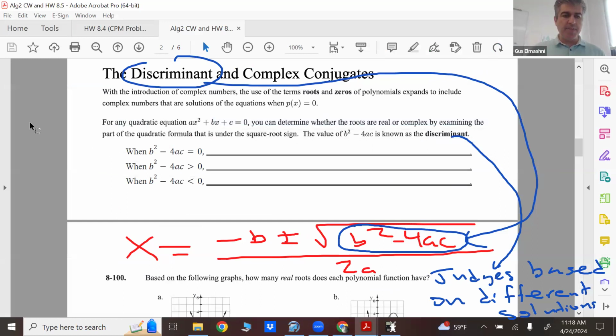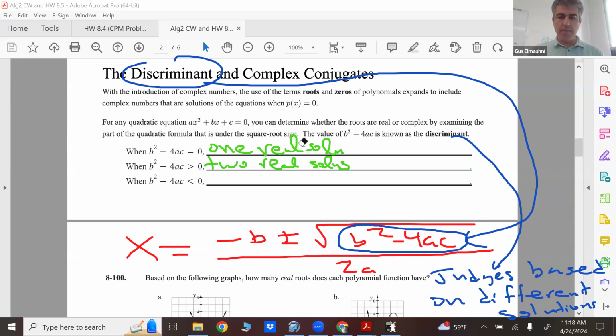So when b squared minus 4ac equals 0, the discriminant goes away. That means you're going to have one real solution. If it's greater than 0, that means you're square rooting a positive number, so you've got 2 real solutions.